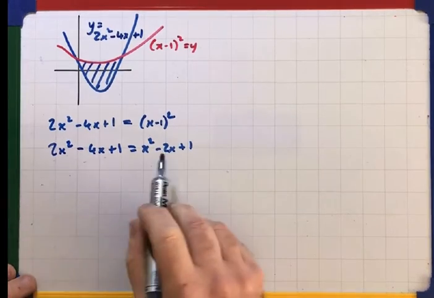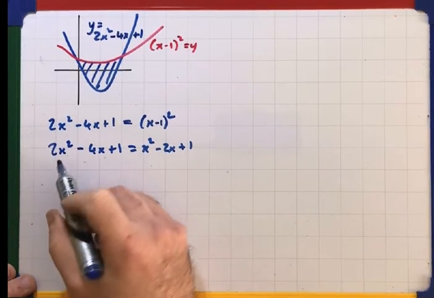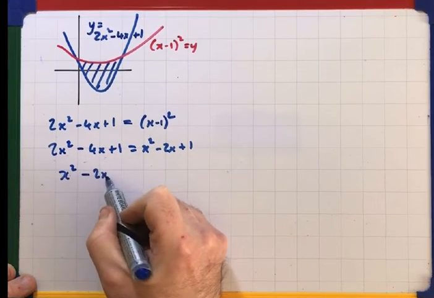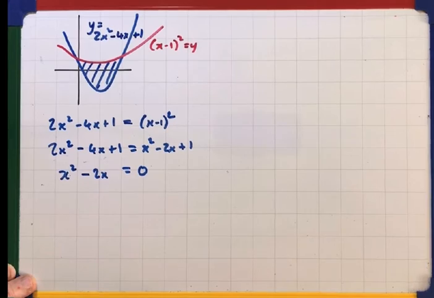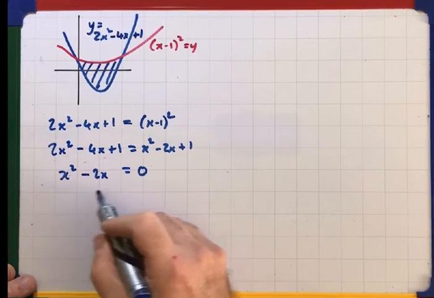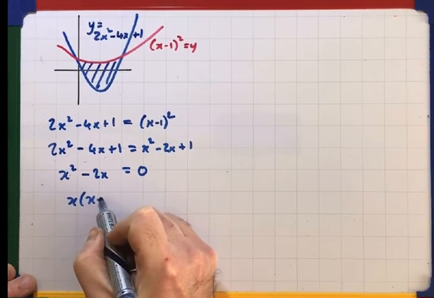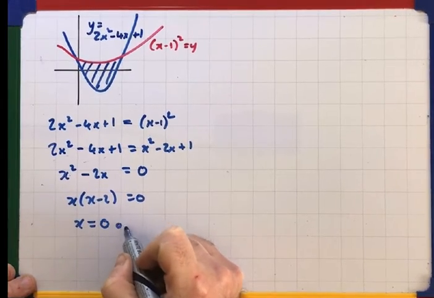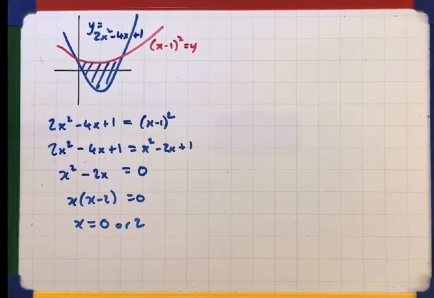Take everything to one side, you're going to get x squared minus 2x equals 0. Factorize it, x(x minus 2) equals 0, so x equals 0 or 2. That is going to be our limits, okay?